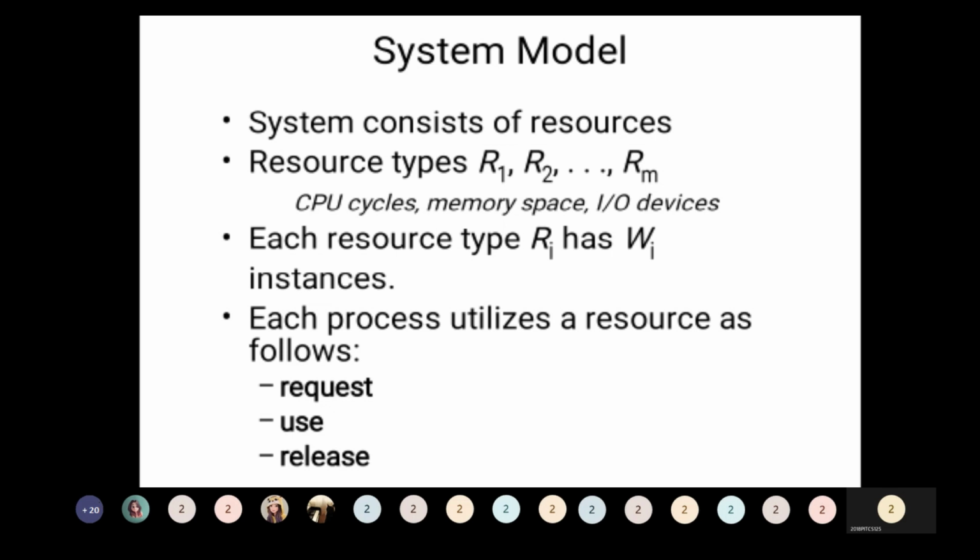Each process utilizes a resource as follows: request, use, release. So whenever a process requests a resource, it has to request the resource, use the resource, and release the resource.